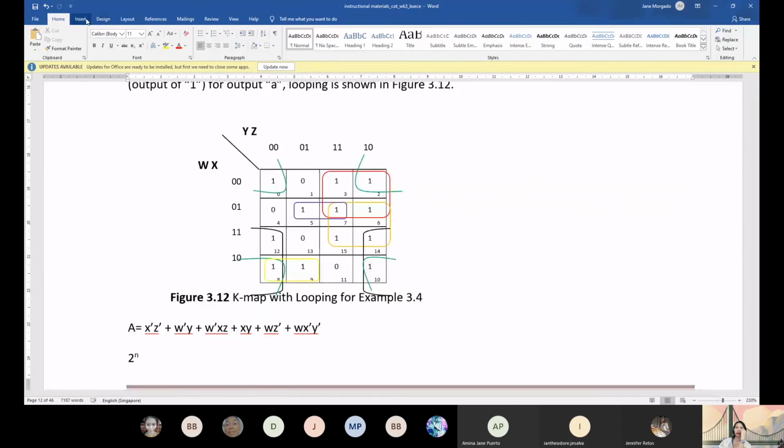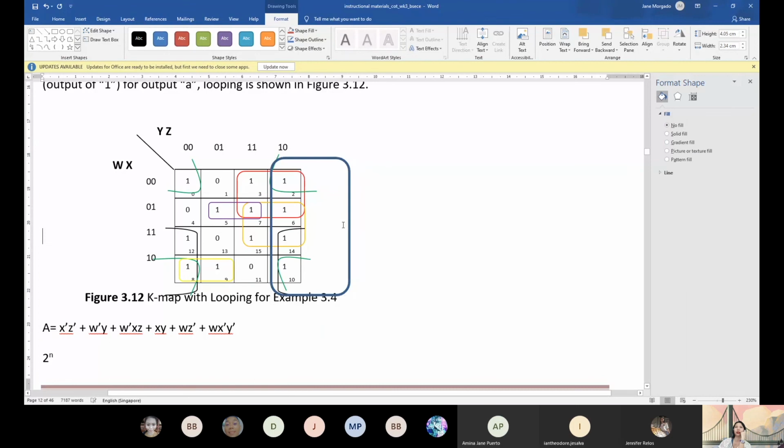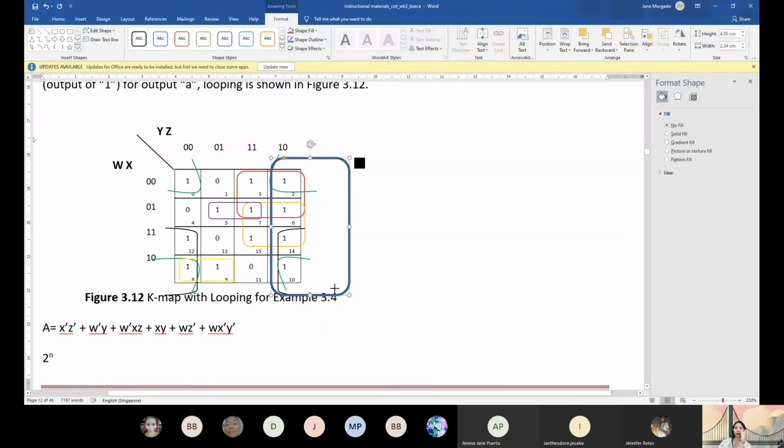Kasi kanina I have blue loops here. Meron tayong blue loop dyan kanina, no? So the blue loop covers output min terms 2, 6, 14, and 10.